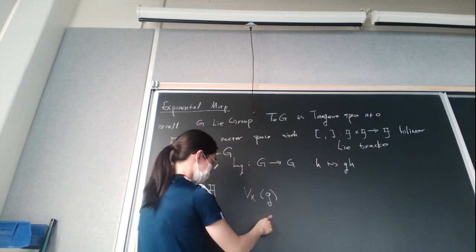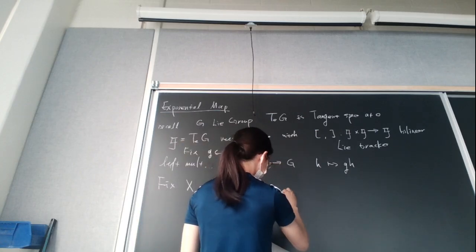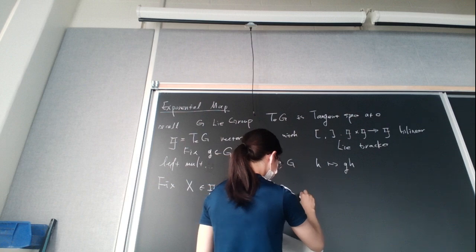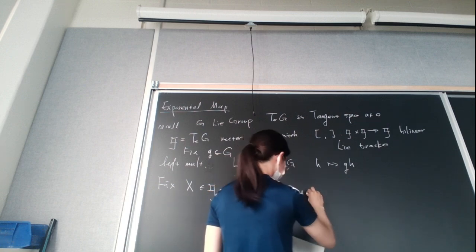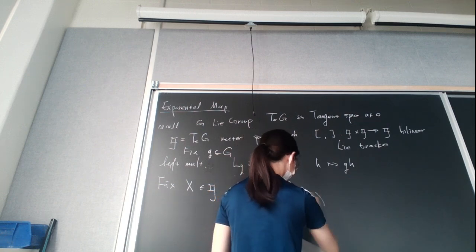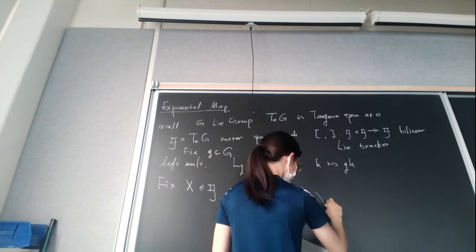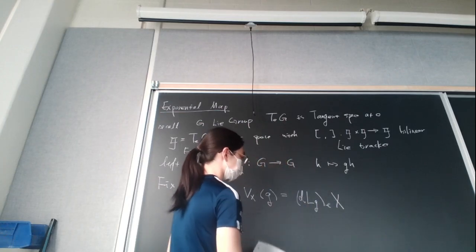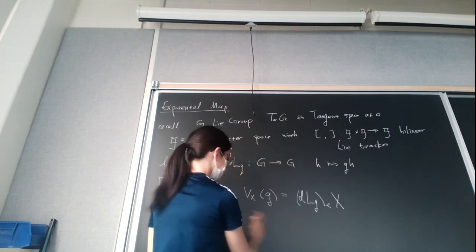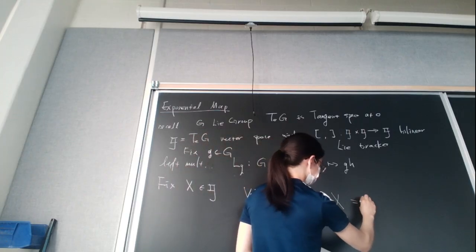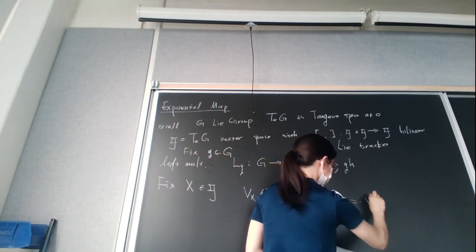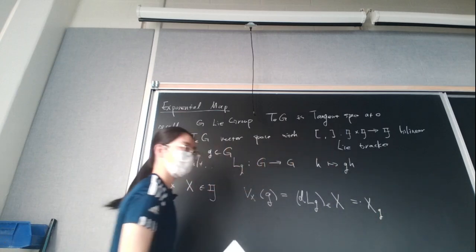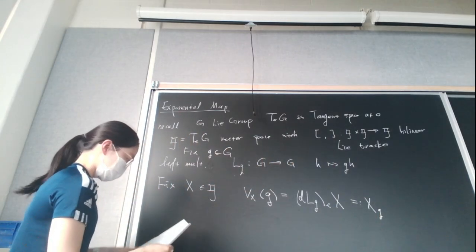We define V_X applied to g to be the derivative of left multiplication by g at identity applied to X. And I'm going to introduce another notation, it's just X subscript g.